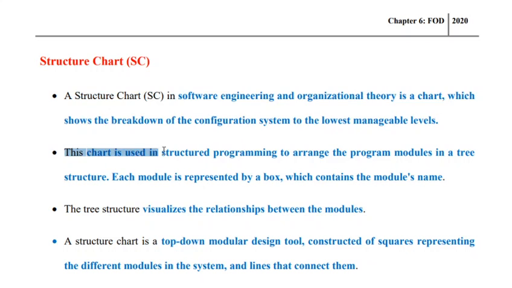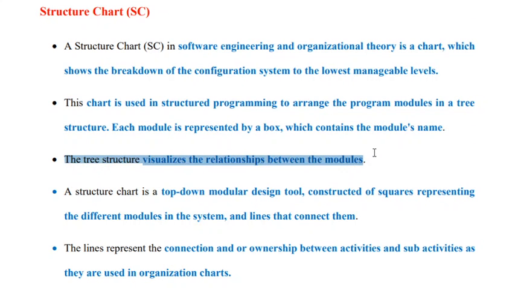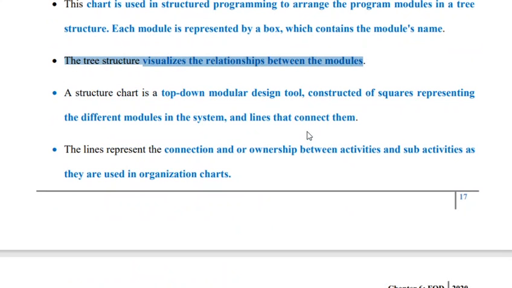This chart is used in structured programming to arrange the program modules in a tree-like structure, right? The tree structure visualizes the relationship between different modules. It visualizes the invocation relationship between different modules. It is interpreted in a top-down manner, where it organizes the system as a collection of modules in a top-down manner, right?